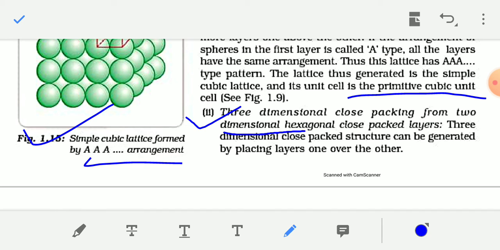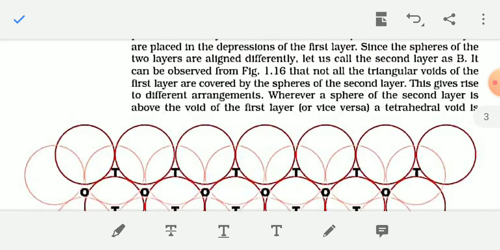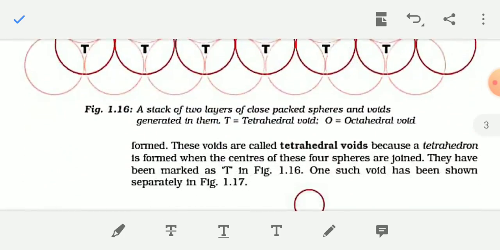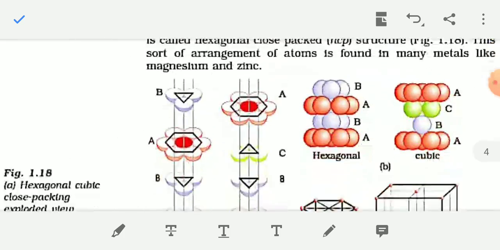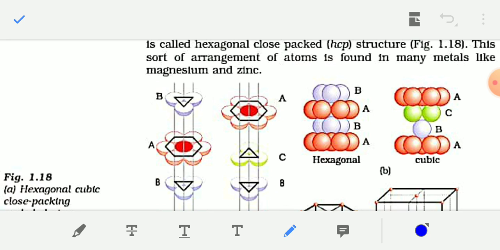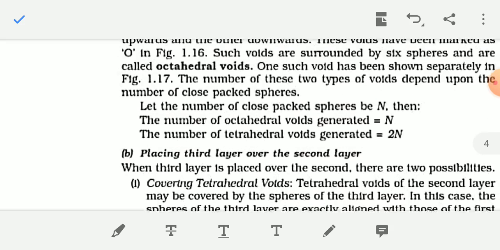Three-dimensional close pack structure can be generated by placing one layer over the other, and there are two types of close packing that can be obtained from two-dimensional hexagonal close packing. One is known as three-dimensional hexagonal close packing, another is three-dimensional cubic close packing. These two types of close packing can be obtained from two-dimensional hexagonal close packing.